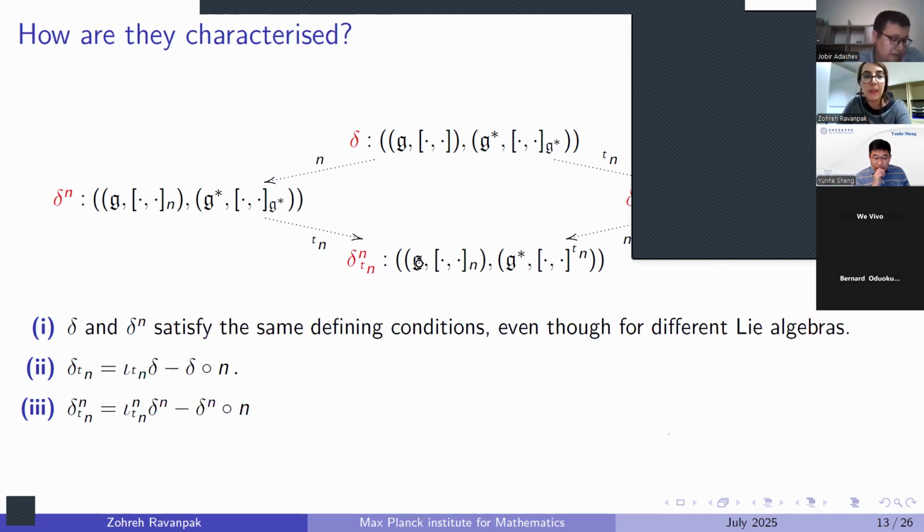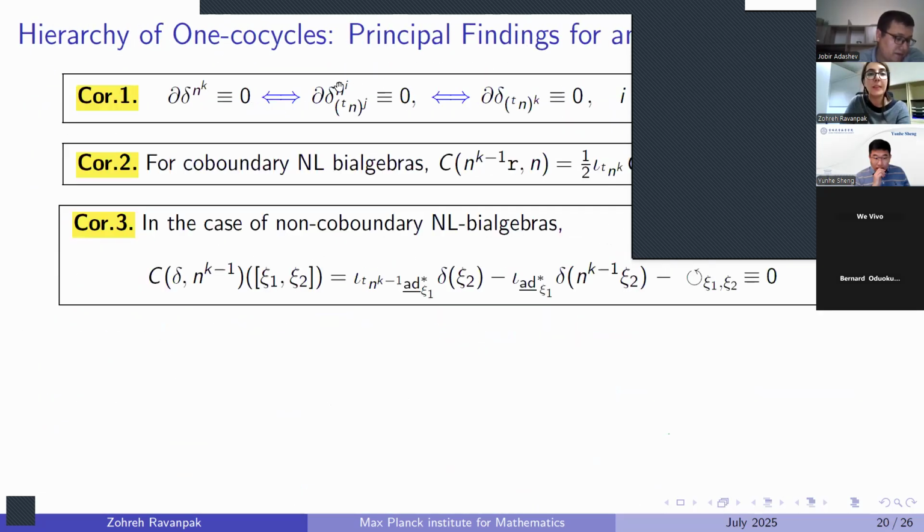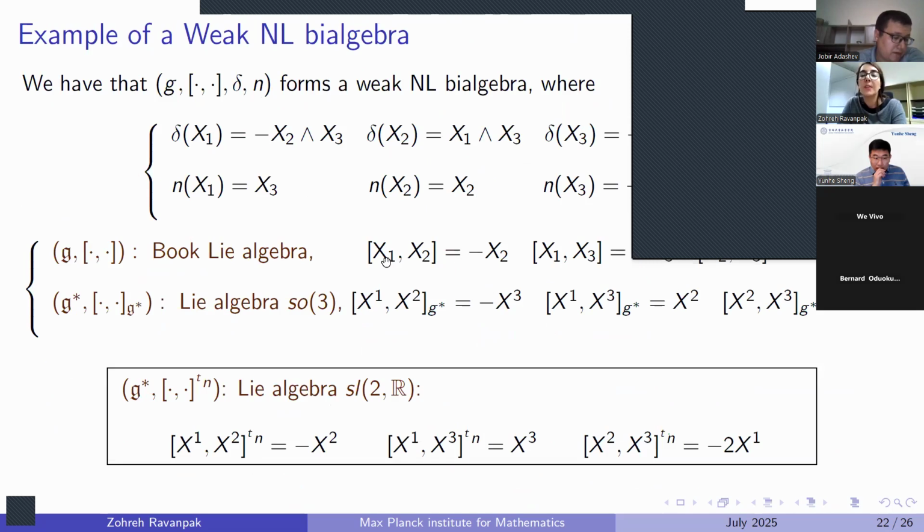You can see it in the example. I take the algebra, put delta, put n, and claim this defines an NL bialgebra.